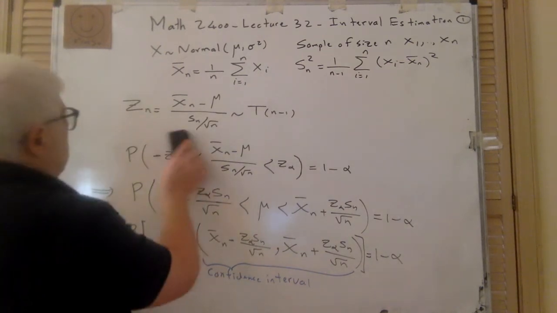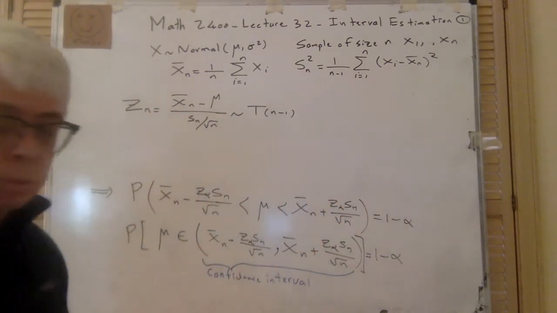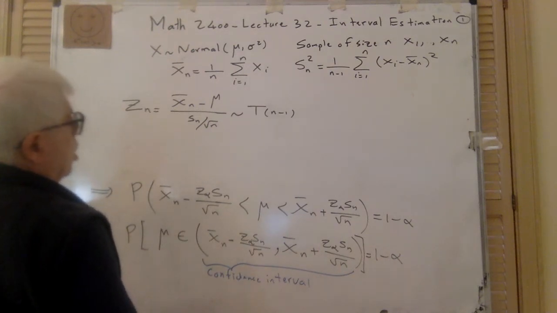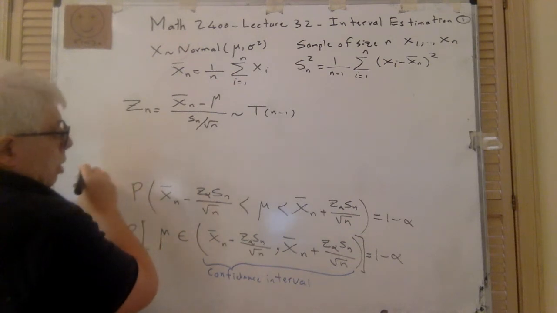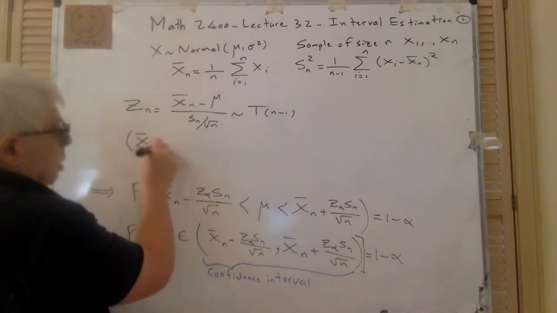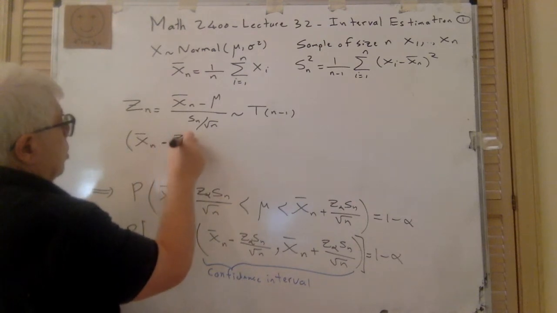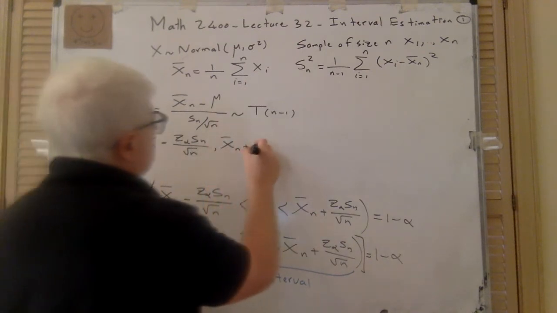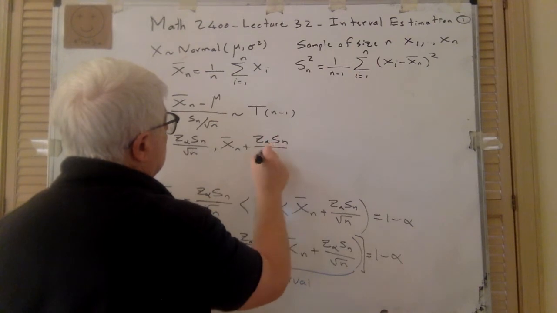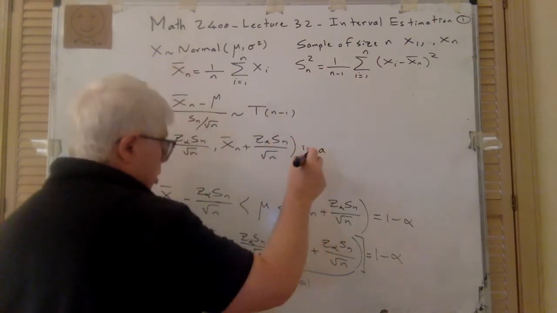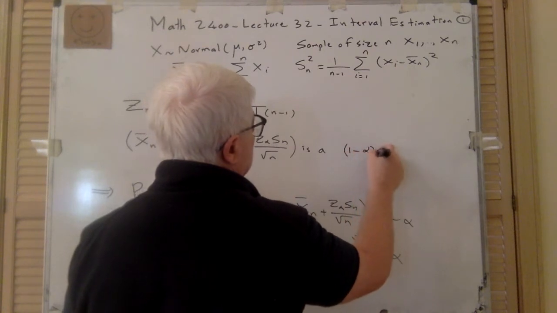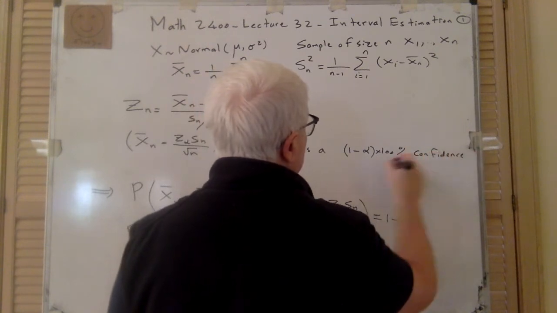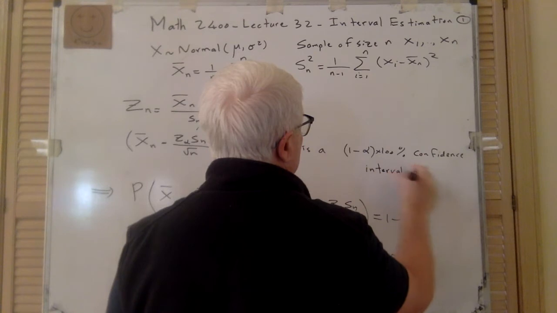So let me erase this, and so the interval x bar n minus Z alpha Sn over square root of n, comma, x bar n plus Z alpha Sn over square root of n, is a 1 minus alpha times 100 percent confidence interval for mu.